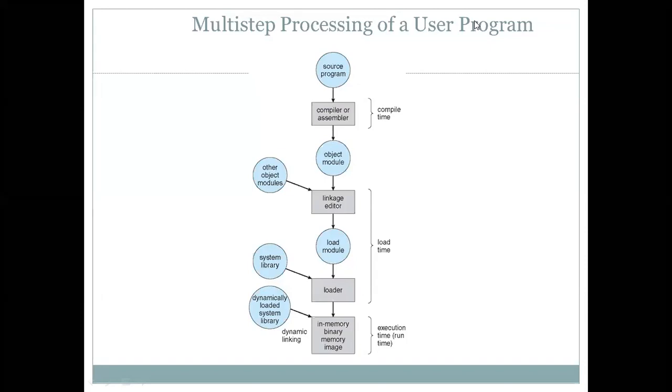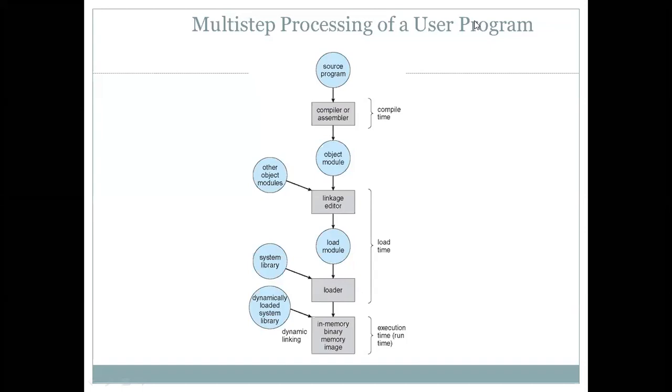Then the linkage editor will load that particular module, and it takes some time to load the object program into the main memory. That is called the load time. The loader will load this object file along with the system library. That entire file will be loaded dynamically during the execution time.